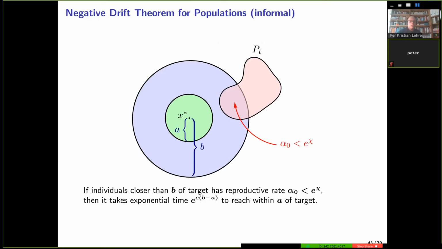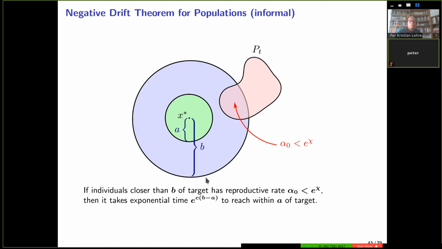Okay, so informally, this is what the negative drift theorem tells us. We want to compute the time to reach some search point x star. We introduce two distances a and b.